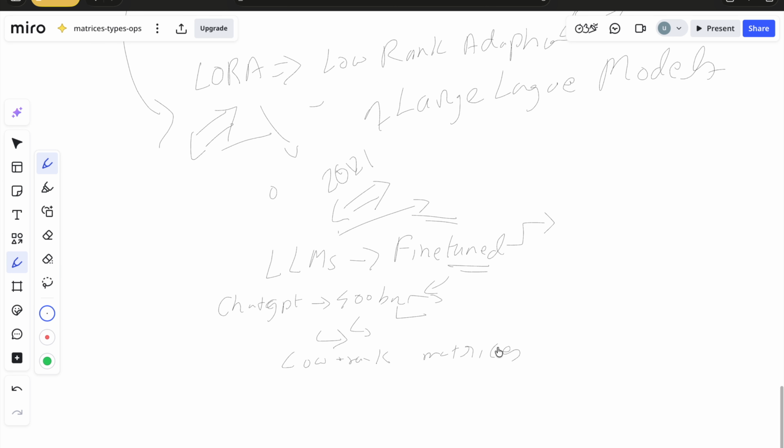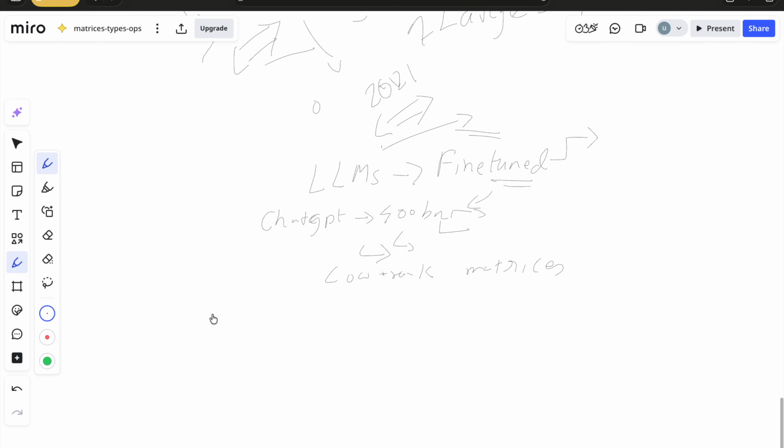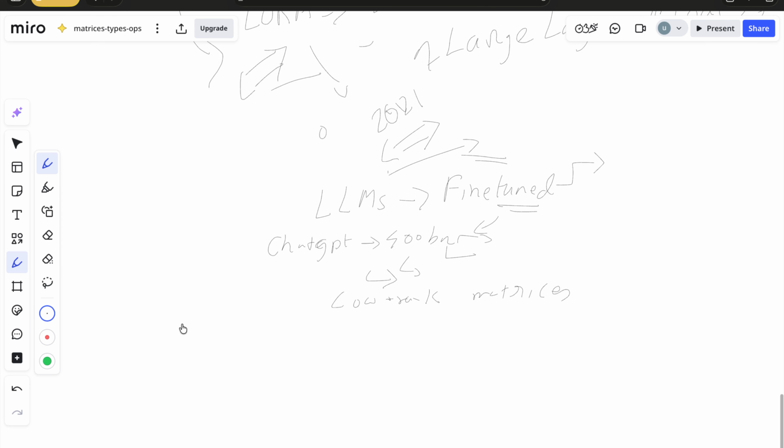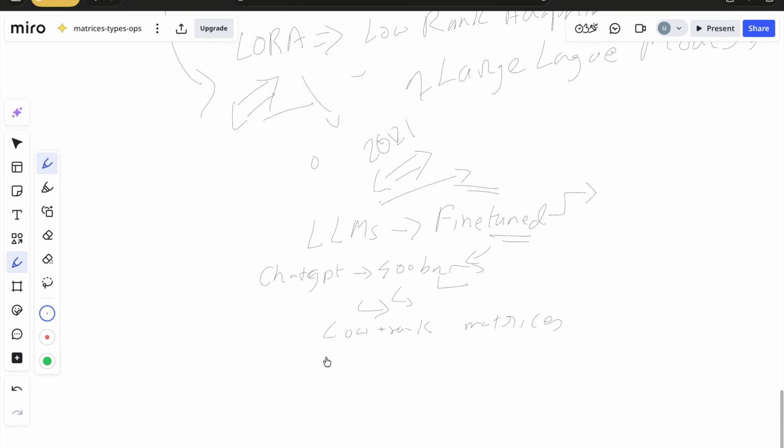So let's define it mathematically, right? You have, let's say, a very large language model whose pre-trained weight matrix W has dimension d cross k. This is the dimension of the matrix, and it could be very large. But what happens during traditional fine tuning?